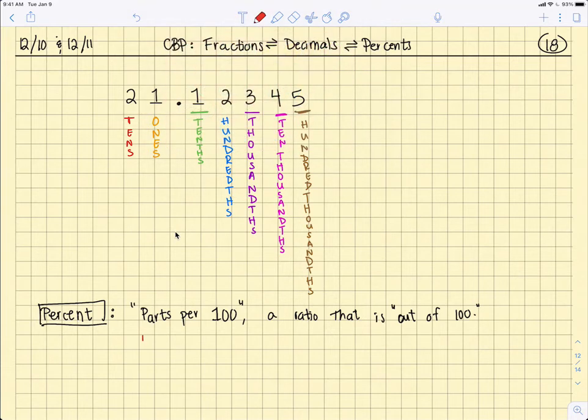We're going to make a note to ourselves. A percent can be written as a fraction out of 100. Or in other words, our denominator will be 100.